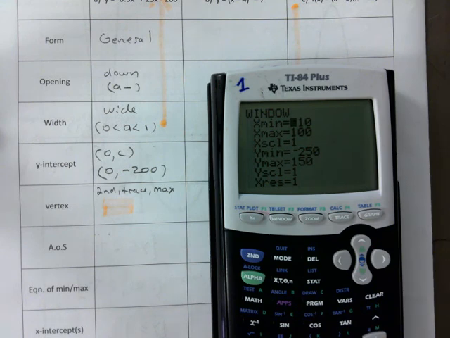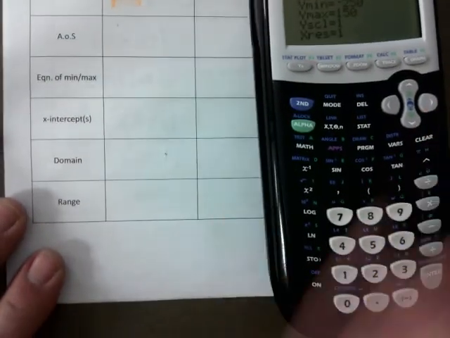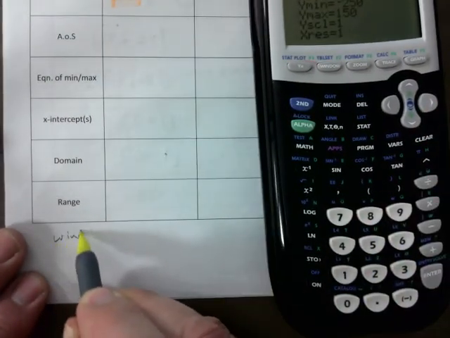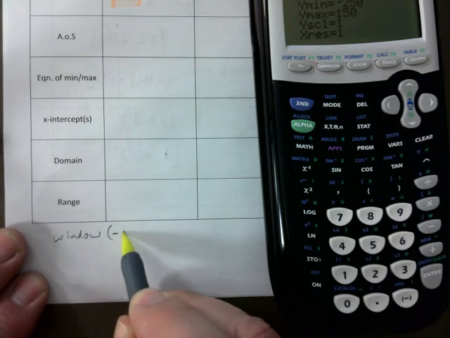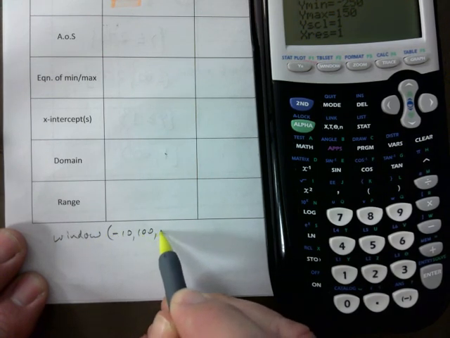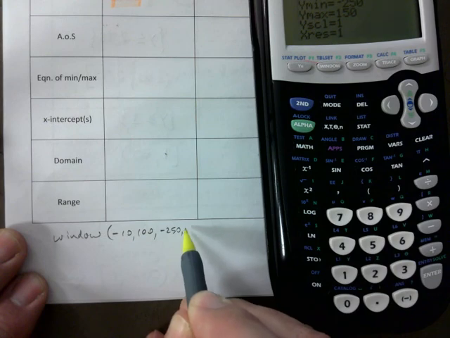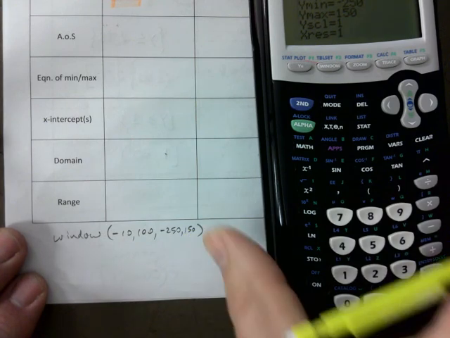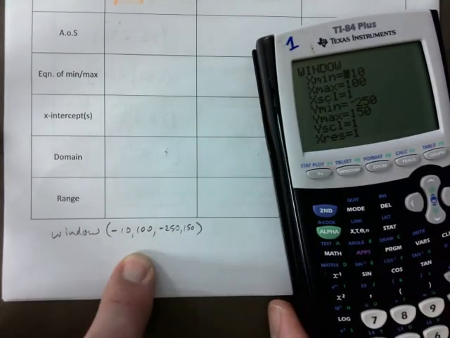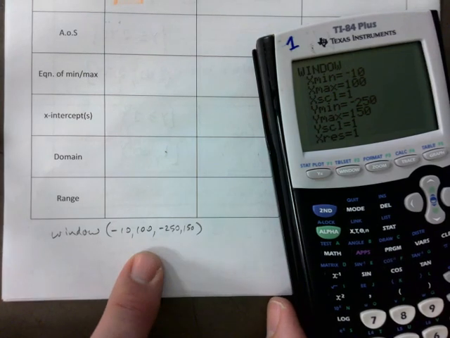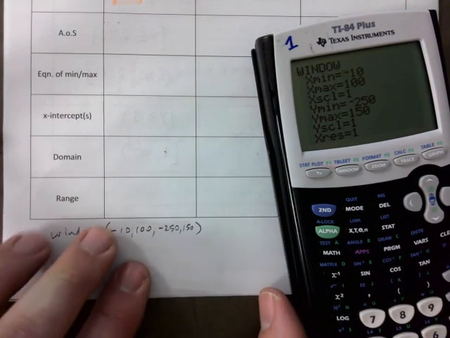That's your window. The window that I've used here is negative 10, 100, negative 250, 150. That way you know this window would for sure work for this particular case.